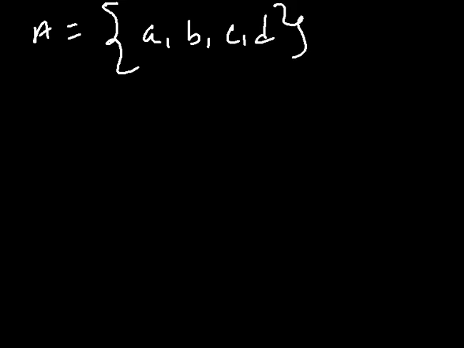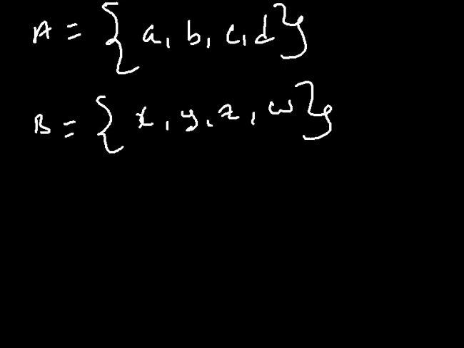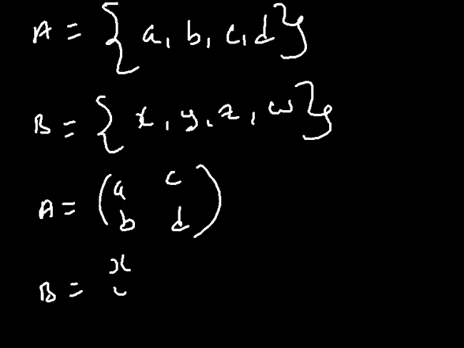Let's say we have group A with the alphabetical letters A, B, C, D, and group B with the letters X, Y, Z, W. This information can also be presented as, for group A, A down B, C, D, and for group B, X down Y and Z down W. So all these are said to be matrices.